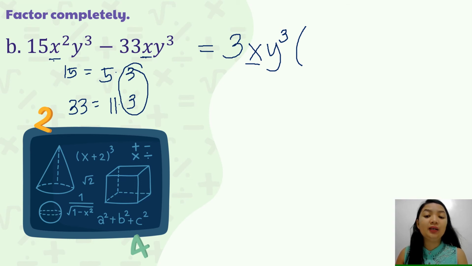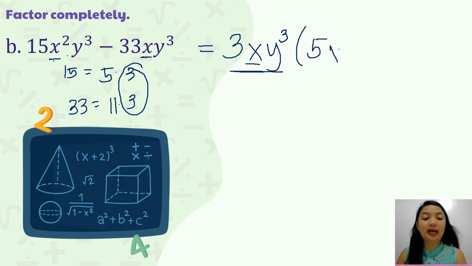So going back to the other factor, we divide the given by our GCF. So we have 15x squared y cubed. So we divide 15 by 3, which will give us 5. And then we are also dividing the variables. But when we are dividing variables, according to the law of exponents with the same base, we simply subtract the exponents. So if this is 2, 2 minus 1 will give us 1.